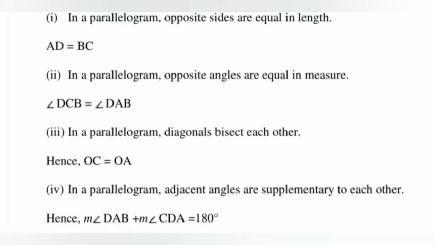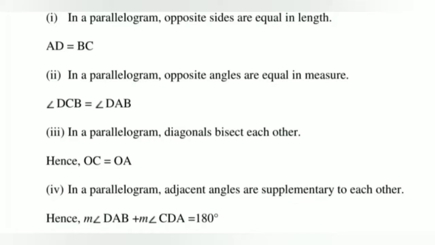Second one, angle DCB. In a parallelogram opposite angles are equal. So this angle DCB is equal to the angle DAB. Now see the third one, OC. AC is a diagonal. As we know, in a parallelogram diagonals bisect each other.